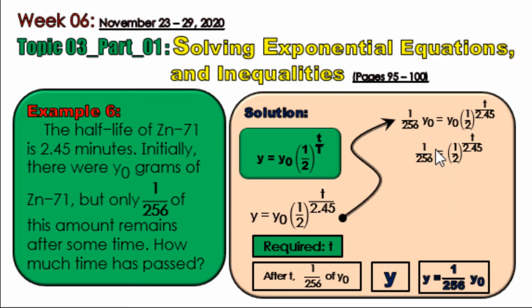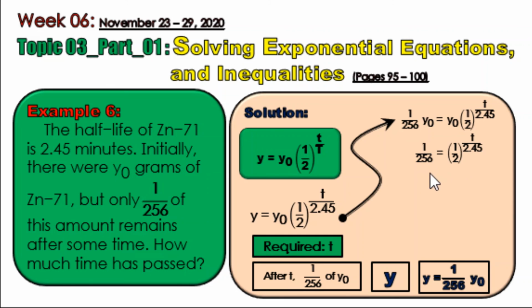So from this, we will be solving for the value of t. Again, we will be using the concept of making our bases equal. The bases are 1 over 256 and 1/2.